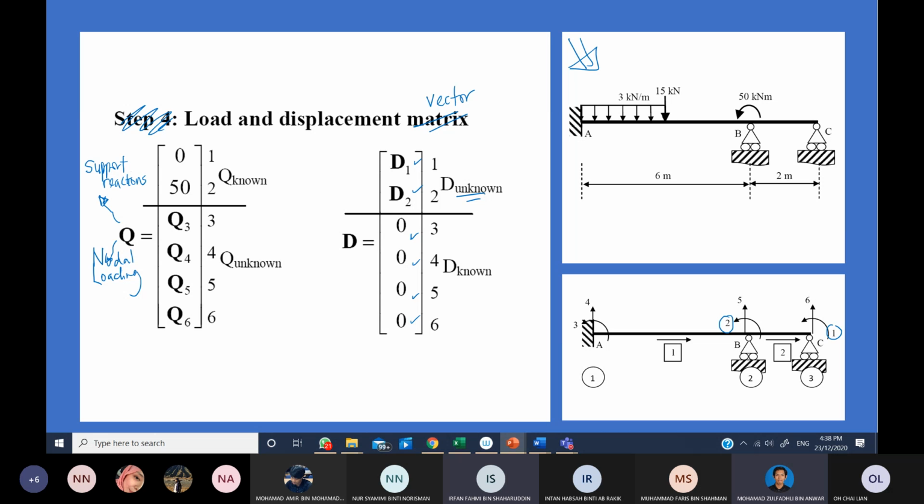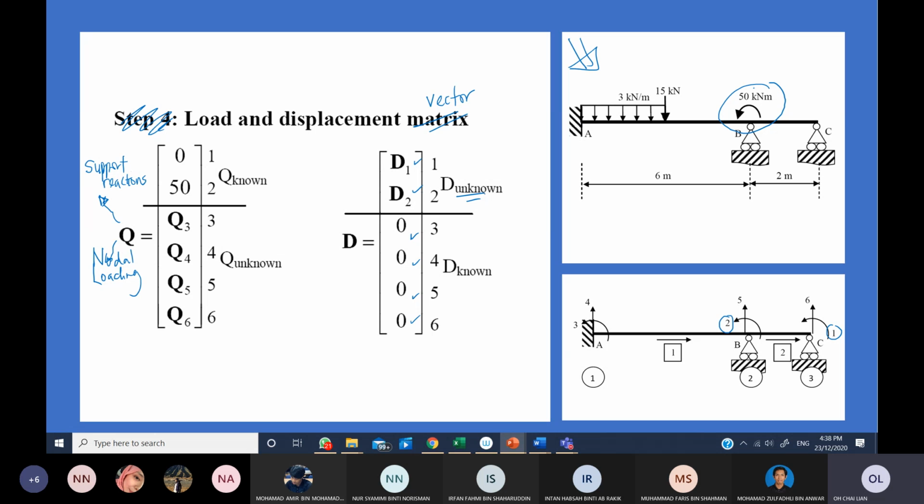Yes, 50 kilonewton. Thank you. The nodes here you refer to this DOF. So we have this 50 acting at the nodes, and 3 kilonewton per meter and 15 kilonewton are acting on the element, not acting on the node.